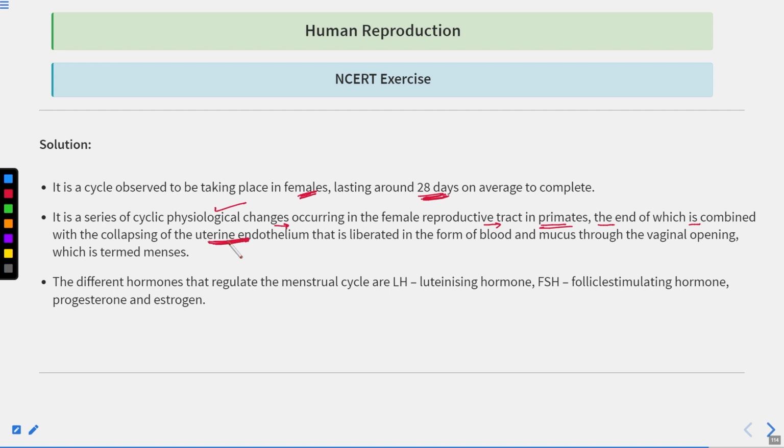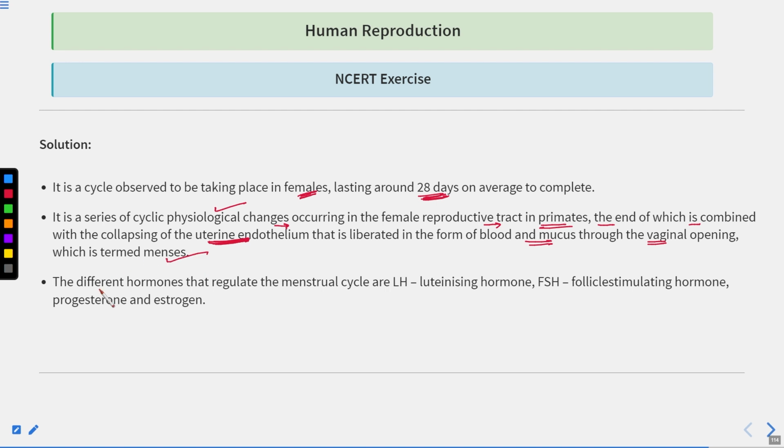Clear? So what happens? The endometrium breaks down, which results in the menstruation or bleeding. Clear? The collapsed uterine endometrium is liberated in the form of blood and mucus through the vaginal opening, which is termed as menses.